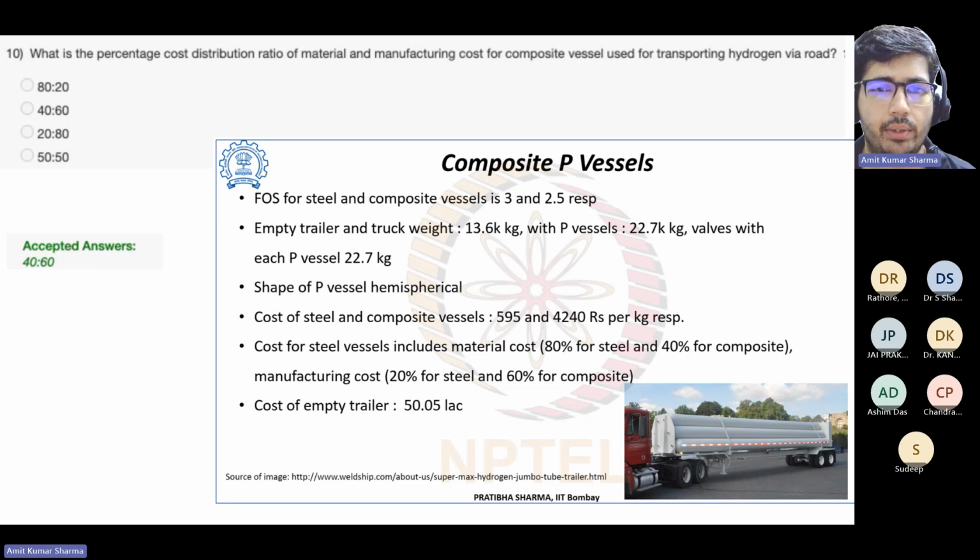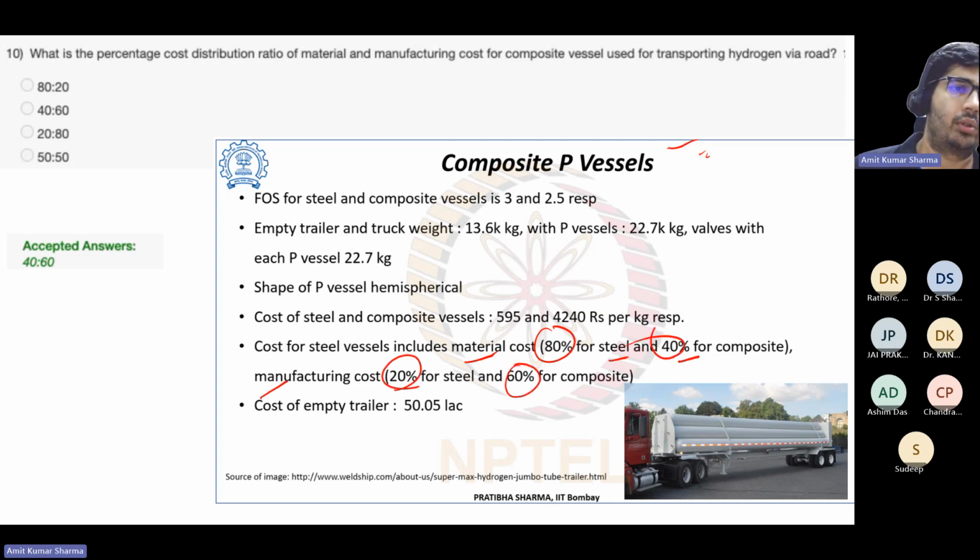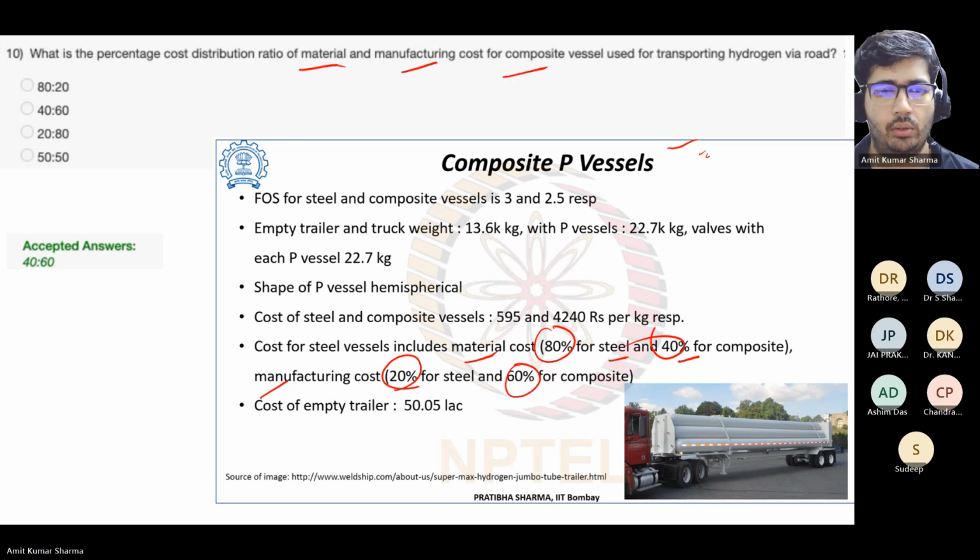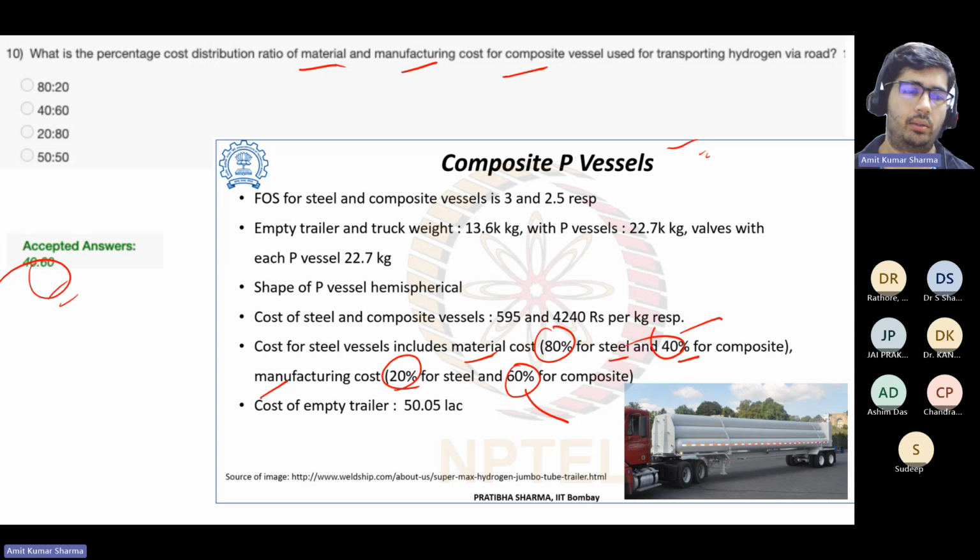For composite pressure vessels, the cost for a steel vessel includes material cost 80% and manufacturing cost 20%, while for composite it is material 40% and manufacturing 60%. The question asked about composite, so 40 and 60 is the answer.